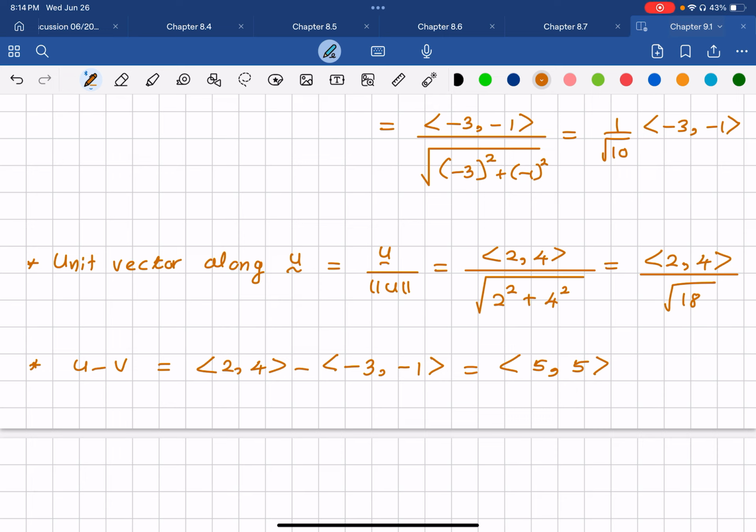Okay, because I'm subtracting -1 from 4, so I would get 5, and I'm subtracting -3 from 2, again I'm getting 5.